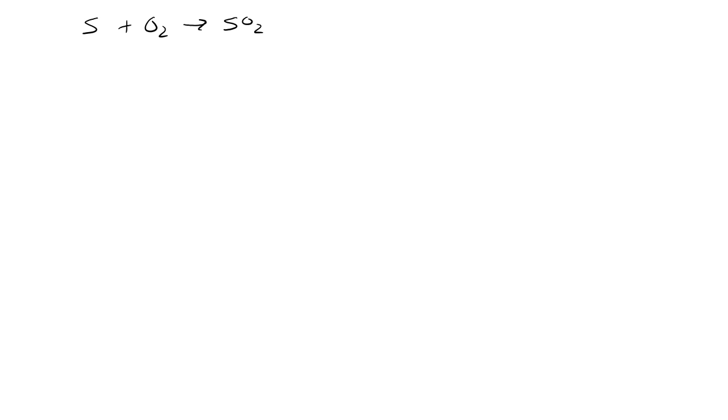So what we do in lab is we say sulfur reacts with 3/2 of oxygen, and that is going to make SO3. This has a delta H of negative 395 kilojoules per mole.